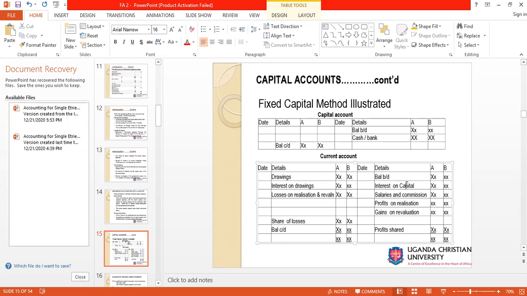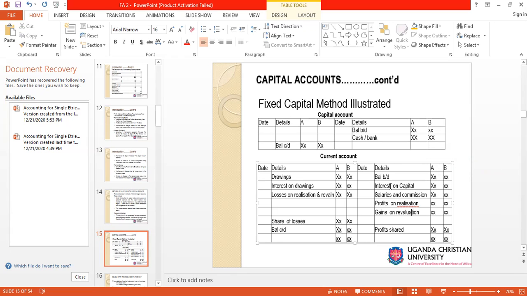If there is interest on capital, it will increase the partners' balances. Salaries and commission will also increase partners' balances. Profits on realization, if there is a profit made by the partners, will also increase their accounts. If there is any revaluation and there is a gain, it will also increase their accounts.